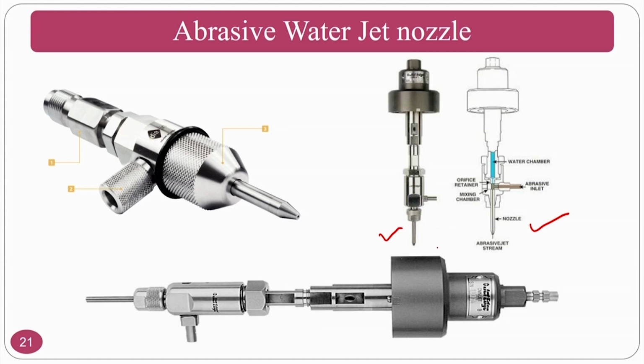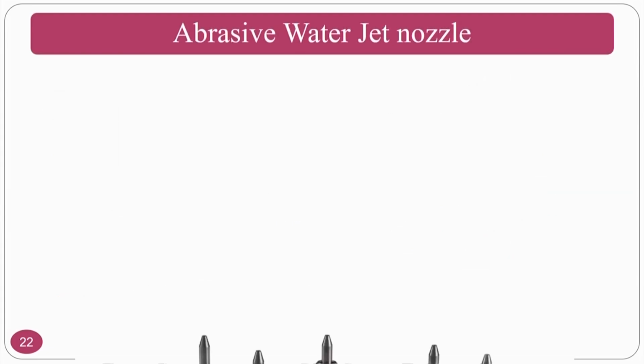This is a schematic where the water chamber is there, abrasives are fed. This is the abrasive feeding, this is the water coming in with high intensity, and the abrasive water jet comes out of this. So, this is how the abrasive water jet will come out of the abrasive jet nozzle.